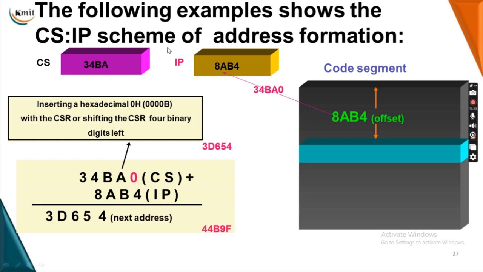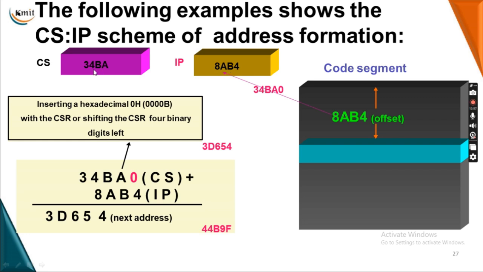We'll see one example. The following example shows the code segment IP scheme of address formation. The instruction pointer is the offset address for your code segment. Suppose CS is 34BA and IP is 8FB4. So 34BA is my segment address and 8FB4 is my offset address.